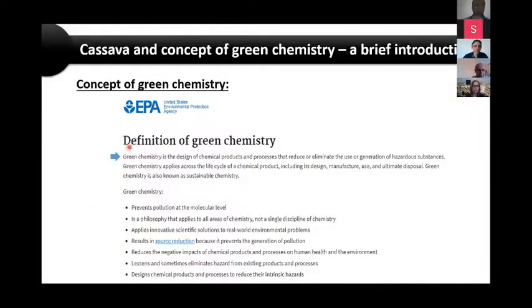So basically, the first step is the definition of green chemistry. What is green chemistry? According to the Environmental Protection Agency, United States, green chemistry is the design of chemical products and processes that reduce or eliminate the use or generation of hazardous substances.